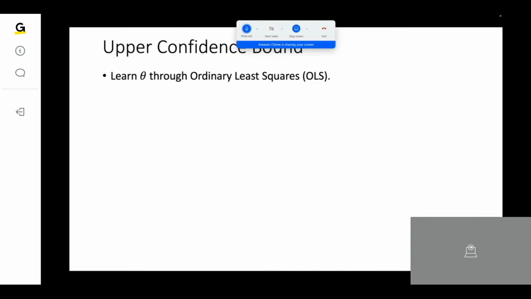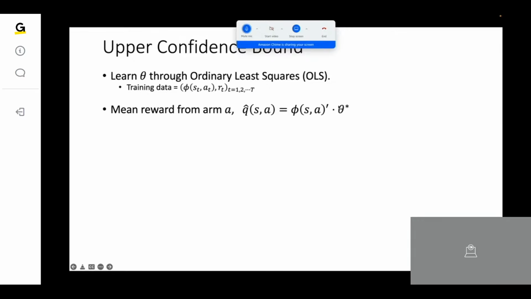Now, the way the linear UCB process works is that we learn theta through ordinary least squares based on the data that has been collected. So we have training data of the features and rewards. We learn theta through squared loss. Once the parameter theta is known, given a context and action, I can estimate the value. Okay?